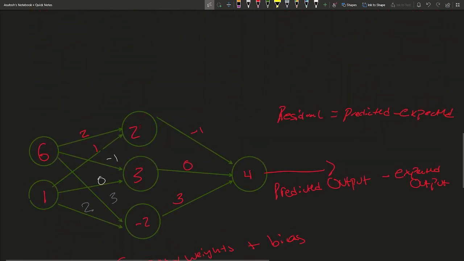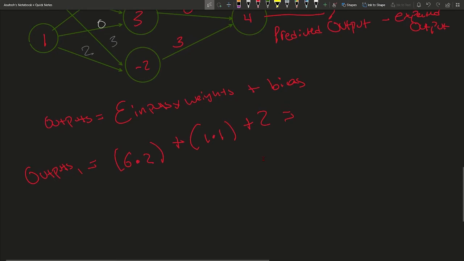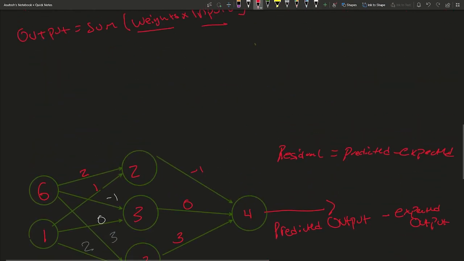Okay, so that's our output for the first neuron. I'm sorry guys, I'm misspeaking all the time. So we have 12 plus 1 plus 2. So we have 15 for this guy right here. So we're sending 15 out.